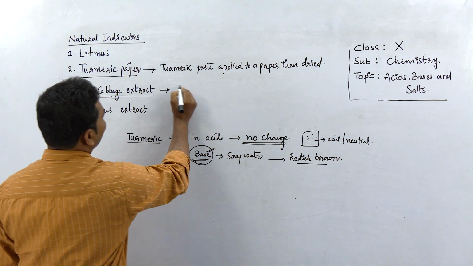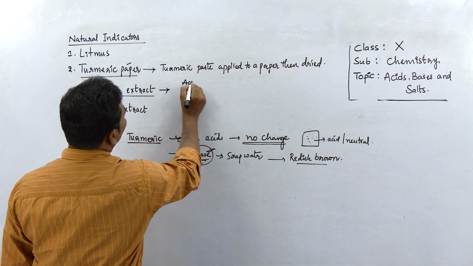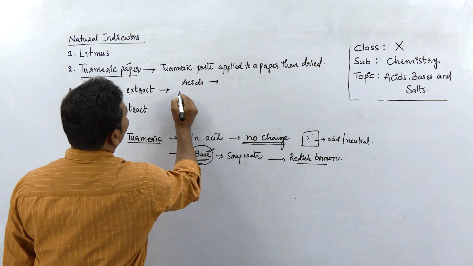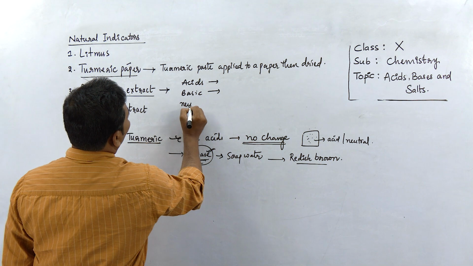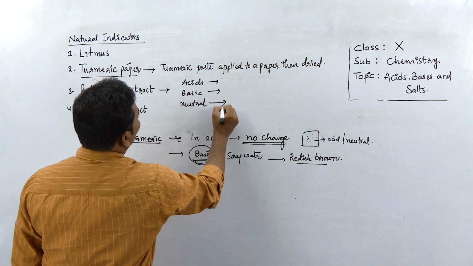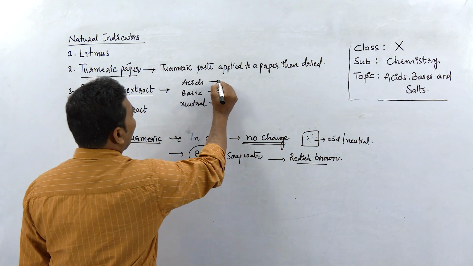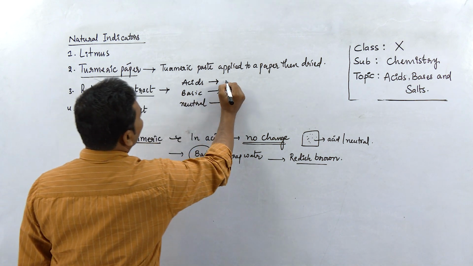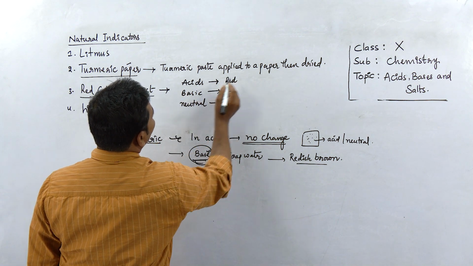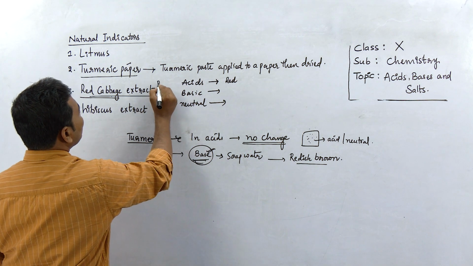And this red cabbage indicator changes its color in different types of medium: acid solutions, basic solutions, and neutral solutions. In acid solution, the red cabbage juice turns to red from purple. What is its original color?